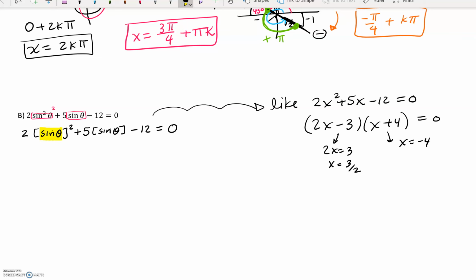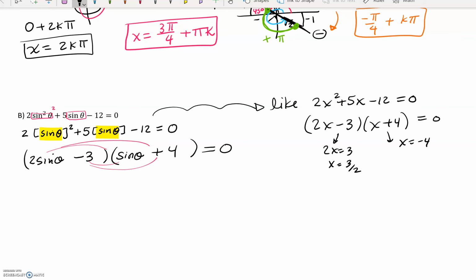So my quadratic function is a function of sine theta, and I can factor that as 2 sine theta, like sine theta is like my x. And then I can have a minus 3 and a plus 4, and if I FOIL that out or distribute it out, I'm going to get back this function that's quadratic in sine theta.